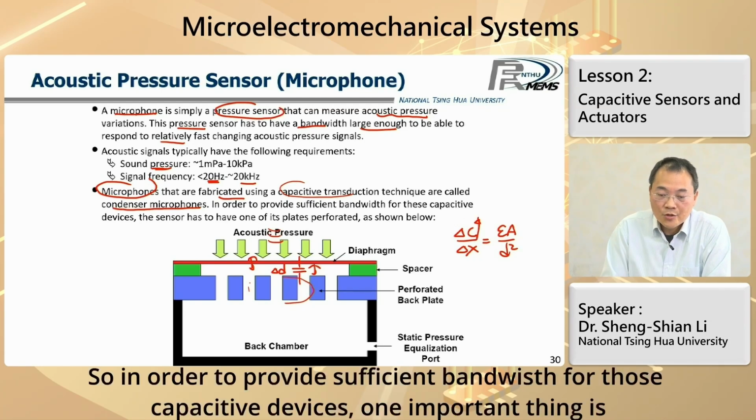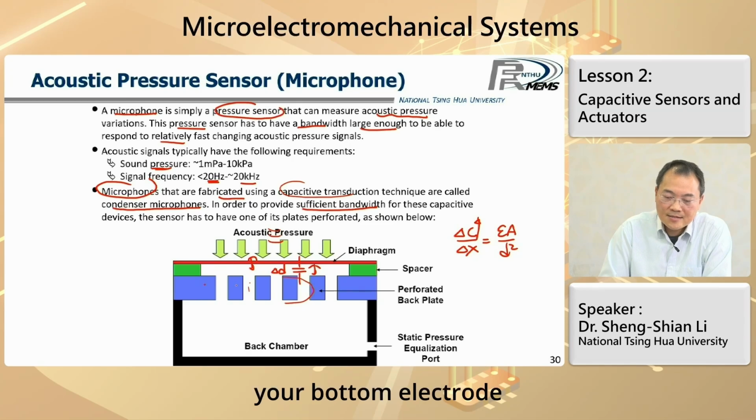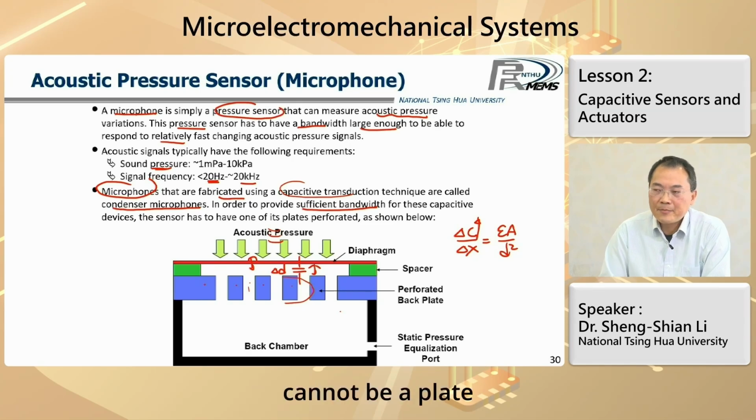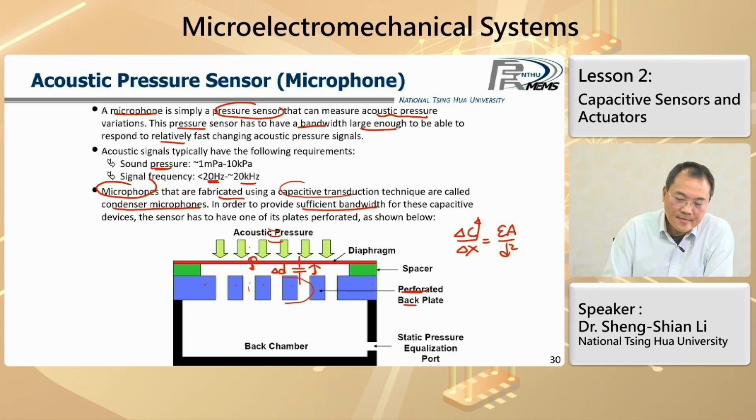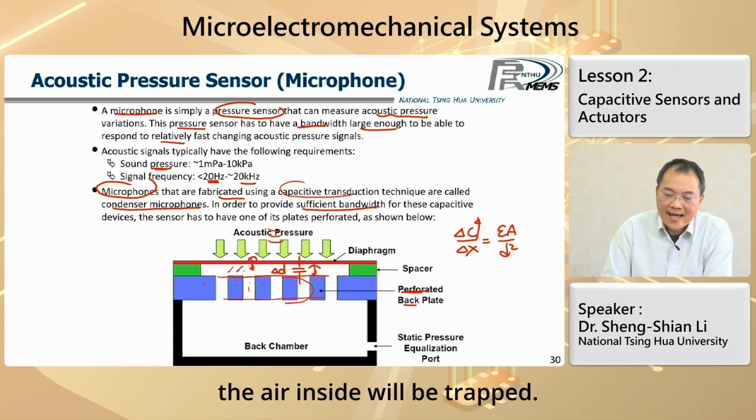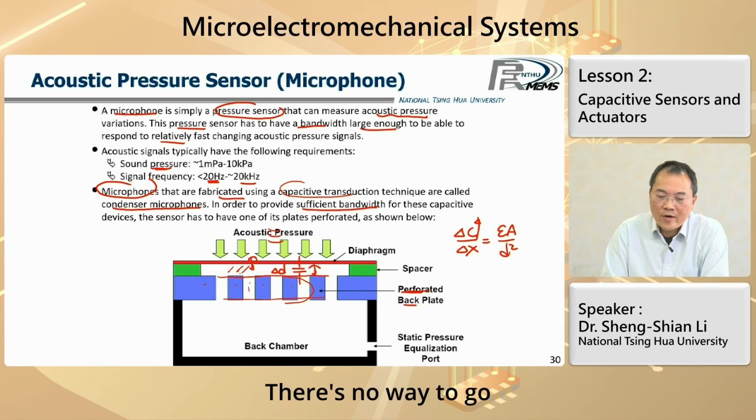Okay? So in order to provide sufficient bandwidth for those capacitive devices, one important thing is your bottom electrode cannot be a solid plate. It needs to be a perforated backplate. Why? If you have a whole plate, the air inside will be trapped. There's nowhere for it to go.